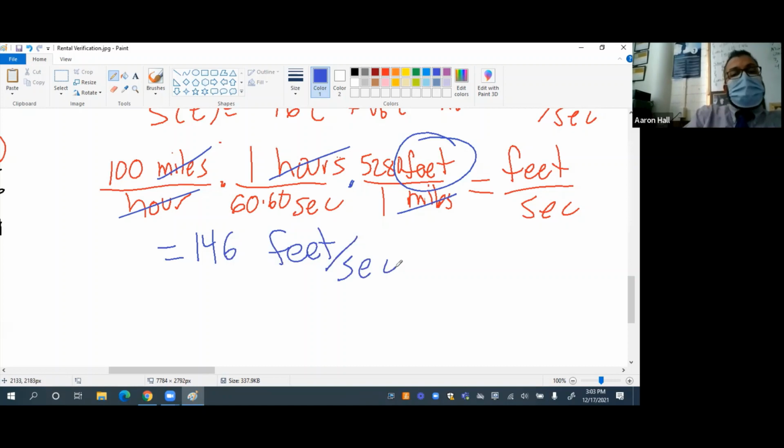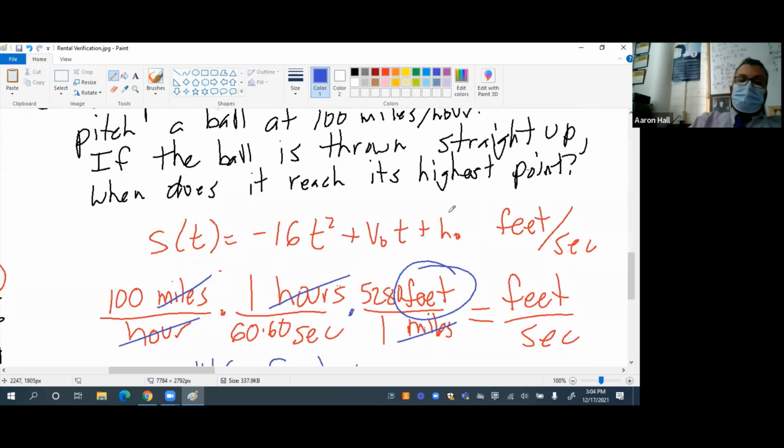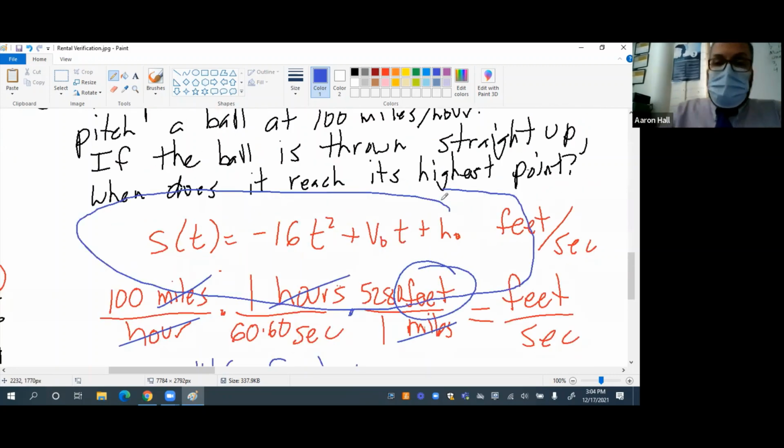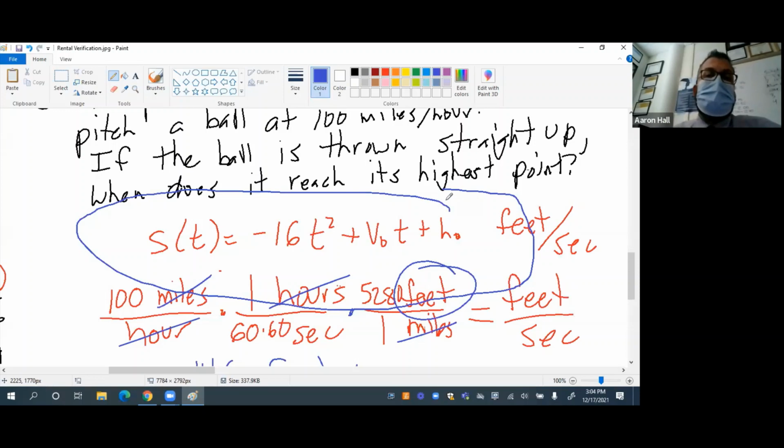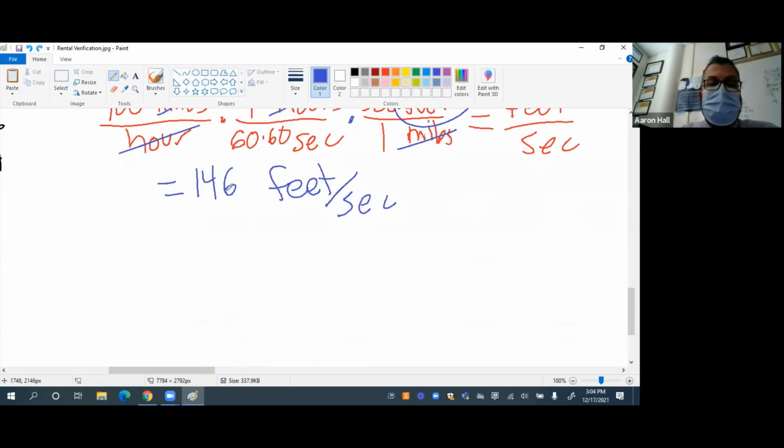Now, my concern is that this isn't our final answer, right? We still need to go back and use this equation here. If we start rounding early, we get what is called a rounding error. I don't want a rounding error. Is this exact or is it rounded?